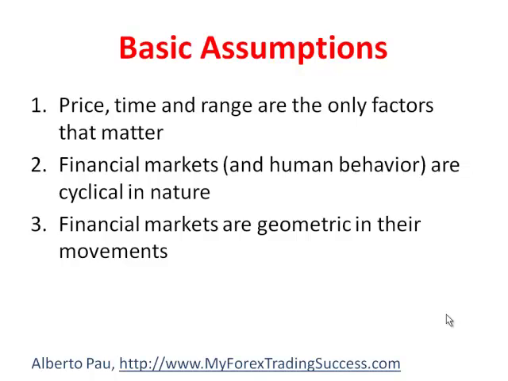The second assumption is that financial markets, as a result of human behavior, are cyclical in nature. In other words, history is a good predictor for future. And three, that financial markets are geometric in their movements.